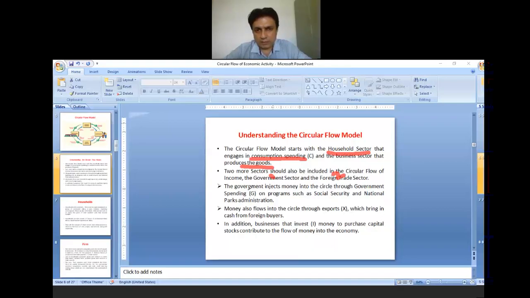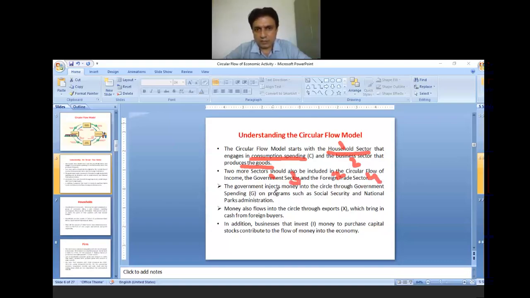So basically here we can find there are four sectors for the circular flow model. One is the household sector, second is the business sector, third is the government sector, and the fourth is the foreign trade sector.